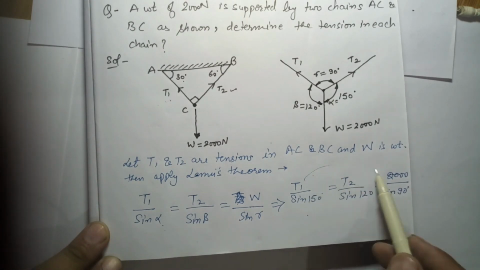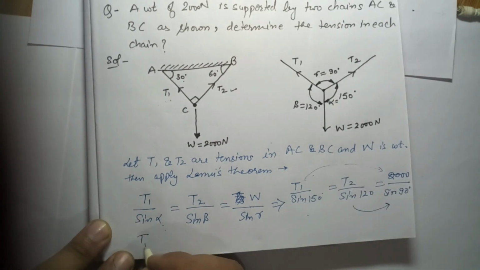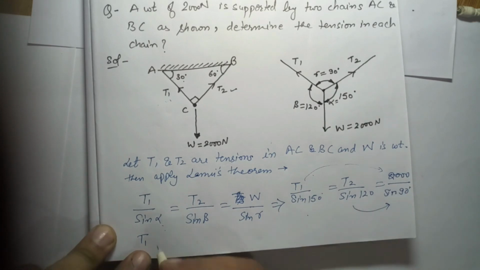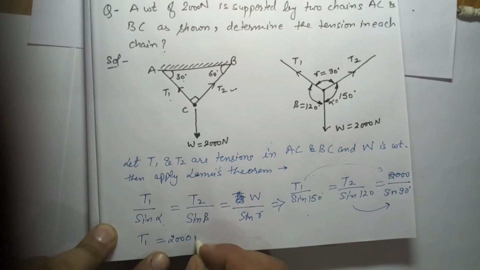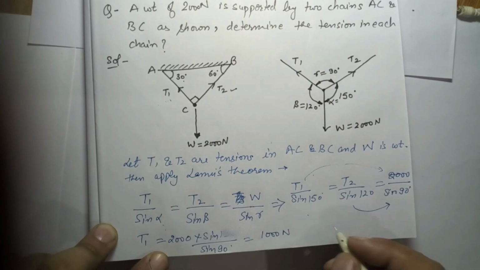First we equate T1 with this, then we equate T2 with this. So T1 is equal to 2000 into sine 120 divided by sine 90. After calculating I get 1000 Newton.